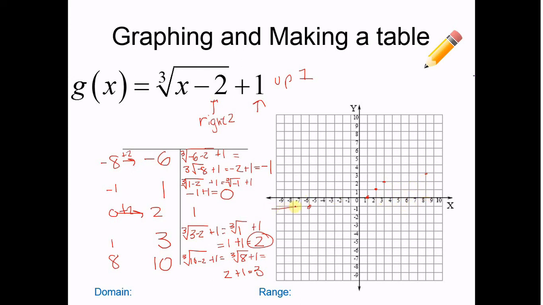So our graph's going to look something like that. Remember, domain, all reals, range, all reals.